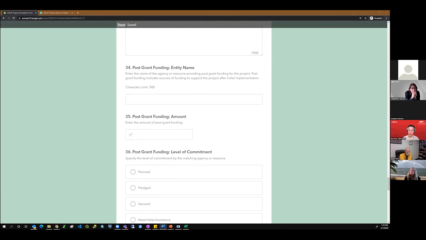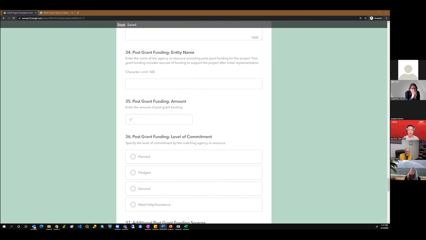Questions 34, 35, 36, and 37 are asking about post-grant funding. So that would be funding for ongoing operations and maintenance that is separate from funding for construction. For this particular example project, that's not applicable since it's very early on in the development process.